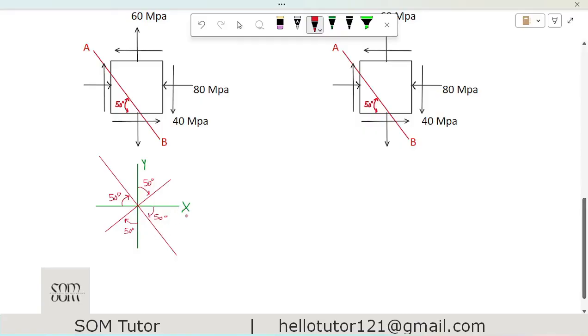Now let us see our transformed axis. This x axis is transformed to this axis, so it has to be x prime. This y axis is transformed to this axis, so this has to be y prime.